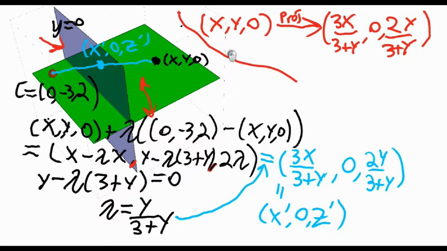So essentially this formula tells us exactly how points on the scene appear within the picture. And we can think of this as a kind of transformation rule.